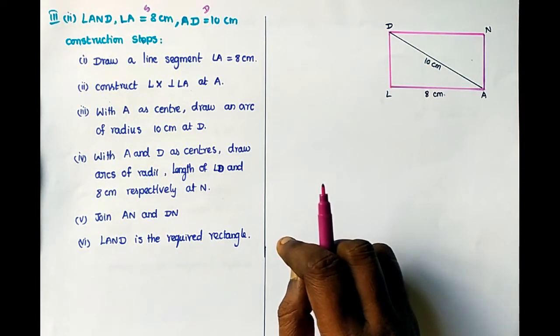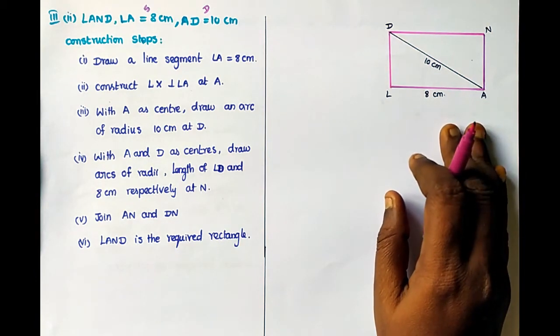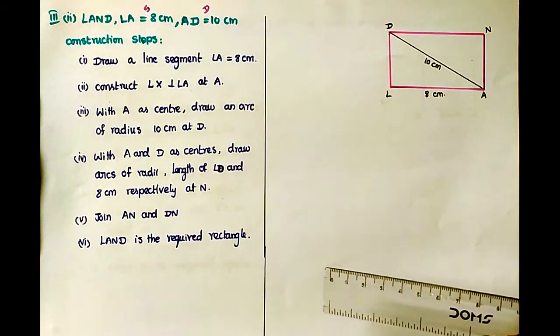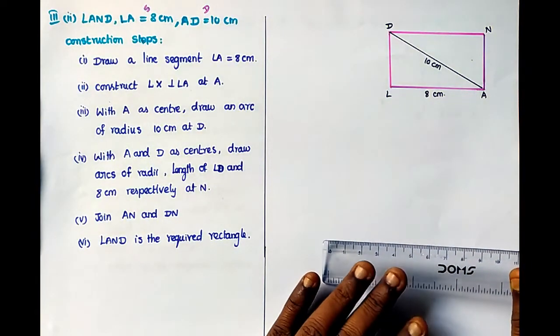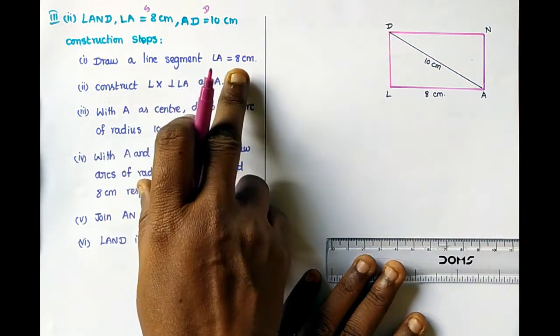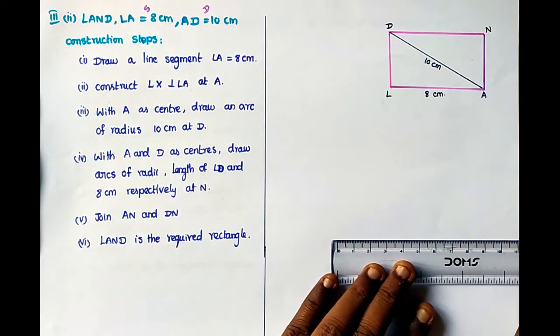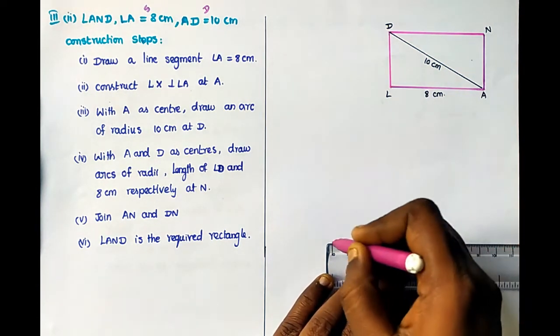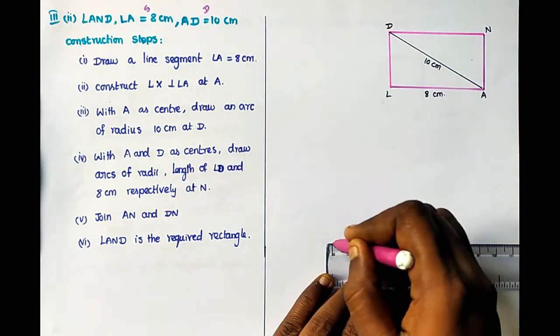From that we have to construct the rectangle, draw the rough diagram, and then construct the rectangle. First step, draw a line segment LA equal to 8 centimeter.